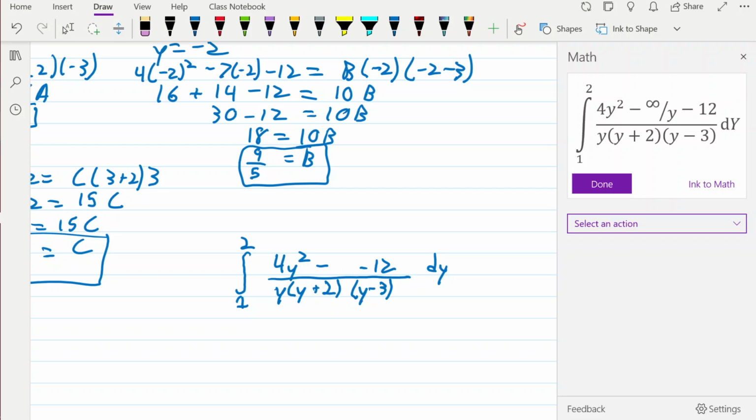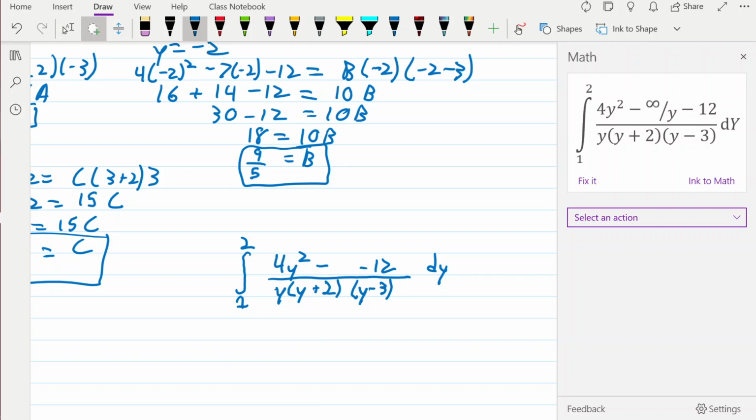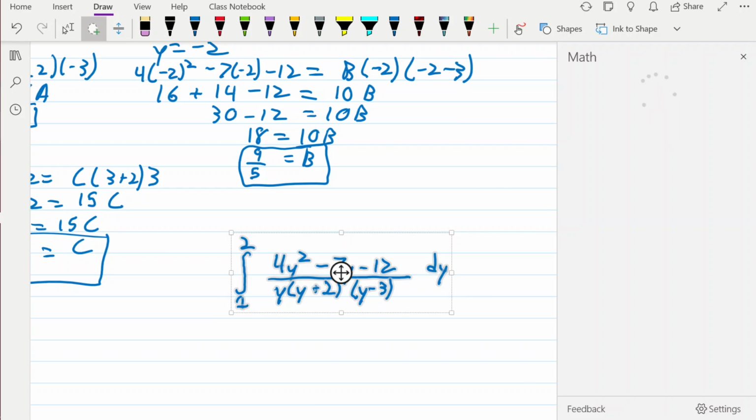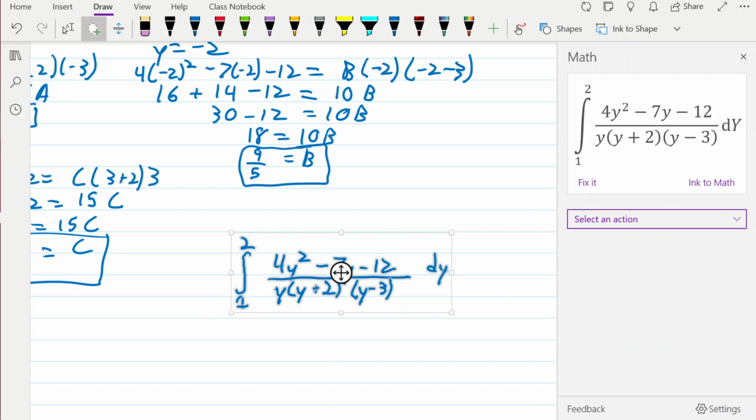Maybe it doesn't like the fact that I wrote the 7 in 2 pieces. Oh, and look at that. Perfectly did it.